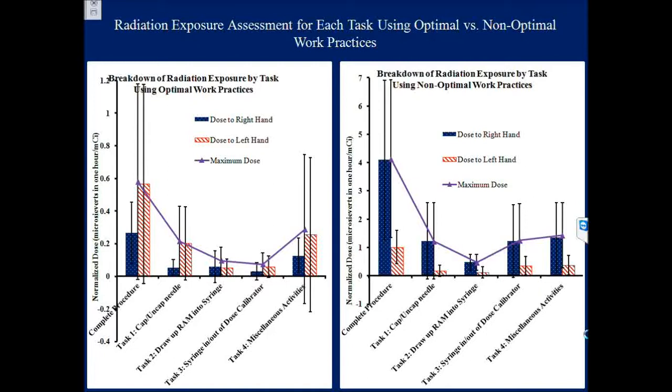It's enough that these results actually showed that it might be possible, especially looking at the fingertip, that a worker could get above the annual limit. The potential is there, especially in some places.